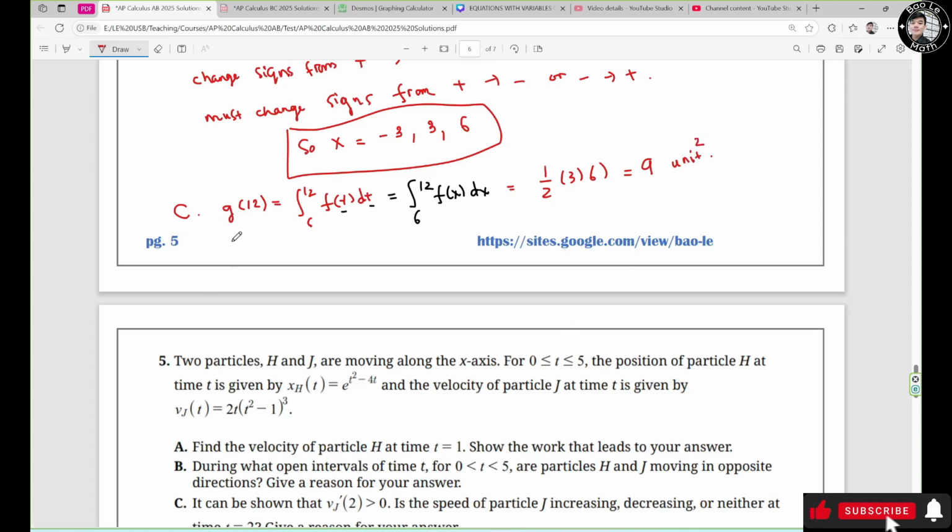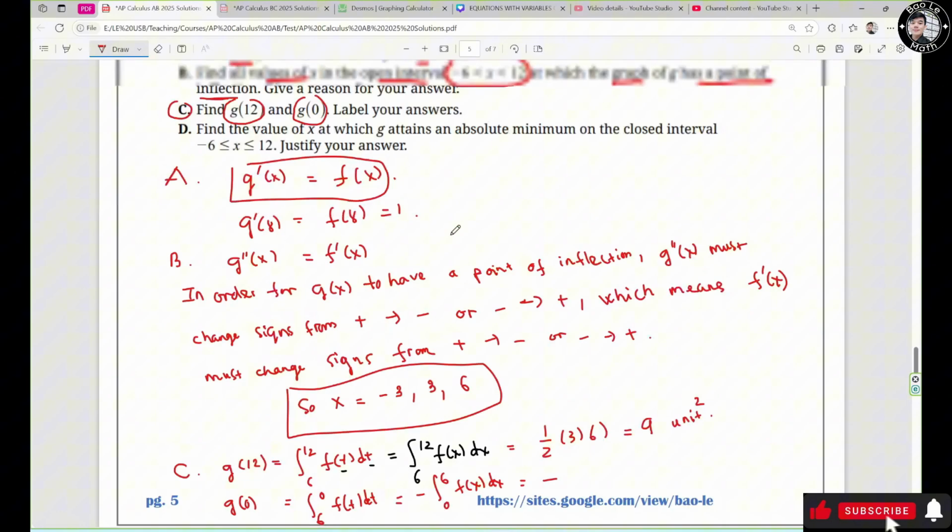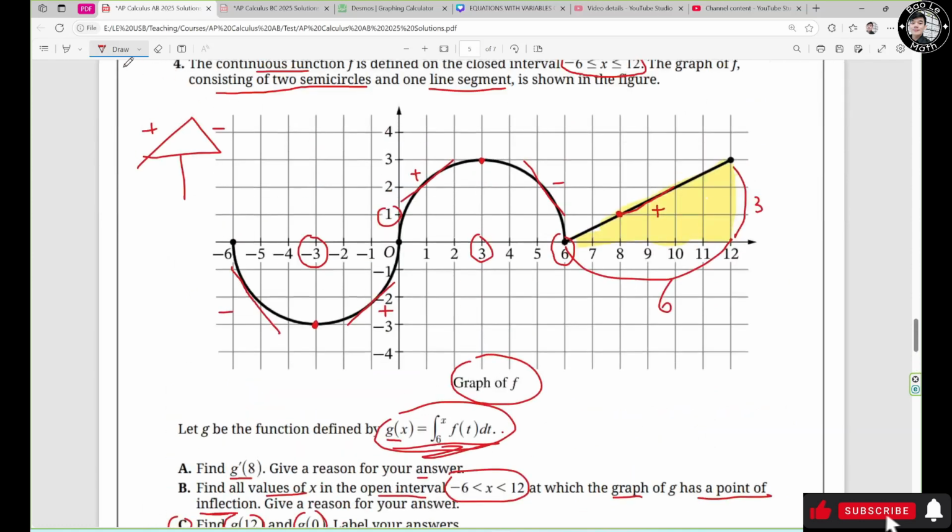Now g of 0 is going to be the integral from 6 to 0 of f of t dt. So it's going to be negative the integral from 0 to 6. You just swap the bounds right here and you change the sign, right? So it could be negative f of s ds. Now from 0 to 6, it's going to be the semicircle right here.